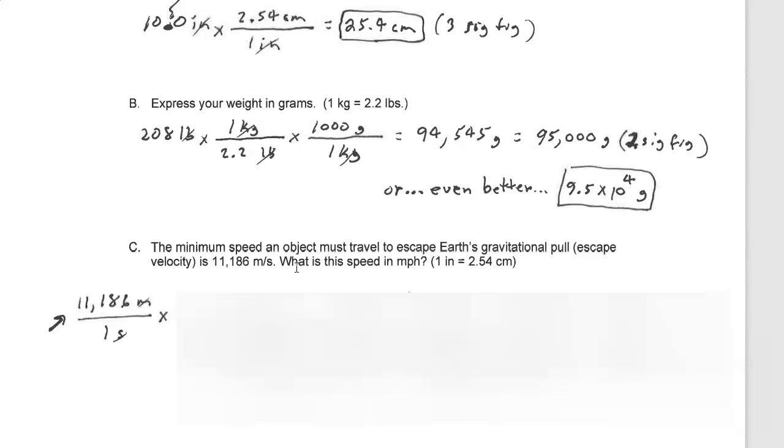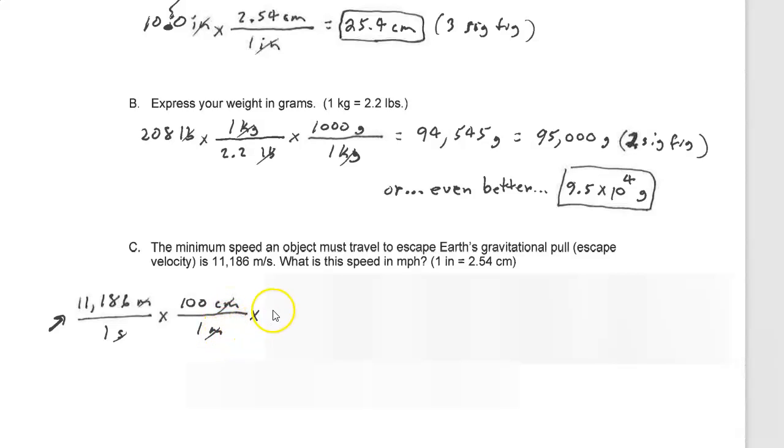I can use that as a factor. So what do I put on top and what do I put on the bottom? Do I put 100 centimeters on top and 1 meter on the bottom? Or do I put 1 meter on top and 100 centimeters on the bottom? Well, I want to put 100 centimeters on the top and 1 meter on the bottom. Why do I want to do that? Because I want my meters to cancel and I want to be left with the centimeters. See? Get rid of what you need to get rid of and then go where you need to go.